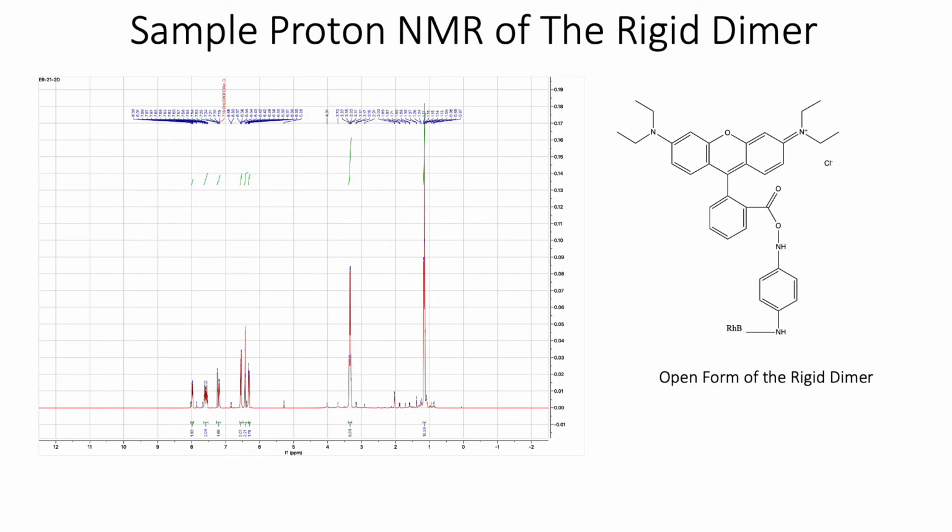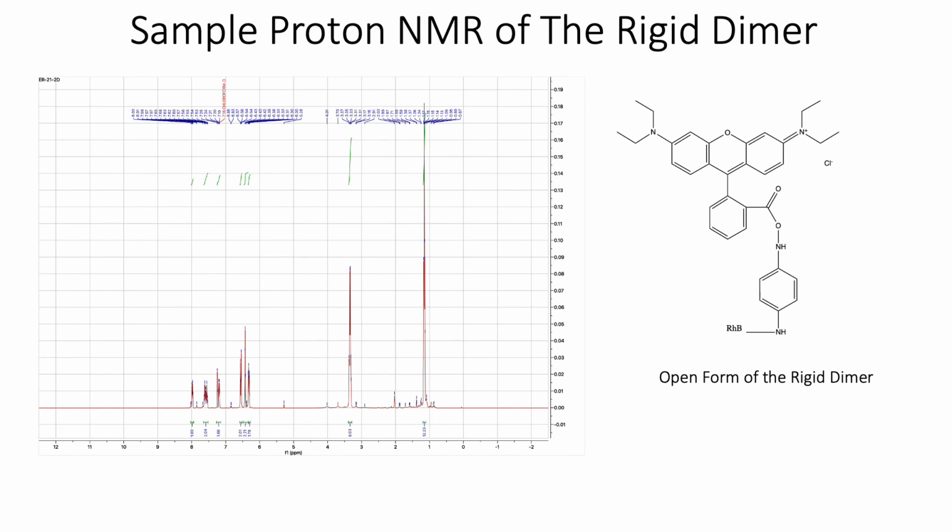The last proton NMR that I want to share is that of the rigid dimer that I have talked about previously. This dimer is one that we had synthesized more recently, and from our previous compounds, this was helpful to know that the peaks that we were seeing in this NMR were what we would hope to see for the structure.